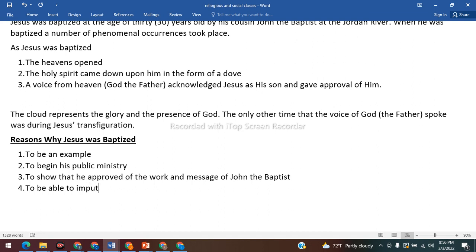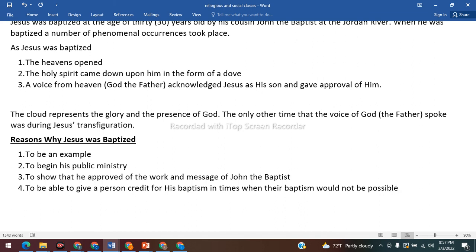To be able to give a person credit for his baptism in times when their baptism would not be possible.